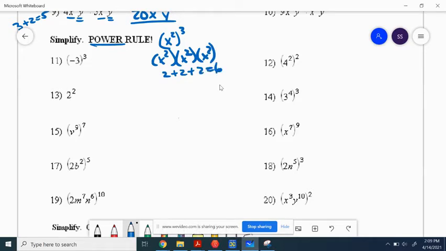That's not so bad when we have the power of 3. But if this were 30, I don't want to write that out. It's much easier to just recognize that the rule is to multiply the exponents. So if this were 30, this would be x to the 60th power. Again, the power rule is to multiply the exponents.